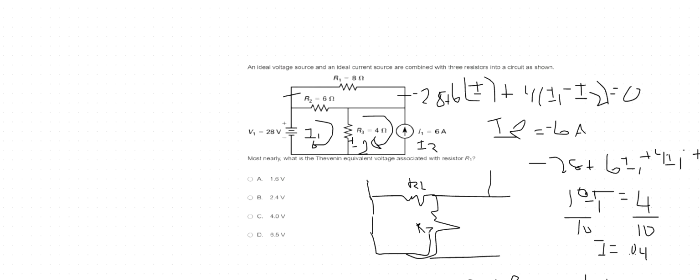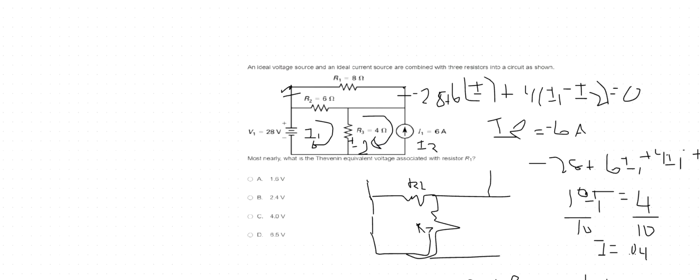We open the circuit here. So the V Thevenin would be the voltage across this resistor here. The 6 ohm. There's no 8 ohm. Can we take it out, right? Yeah, so this voltage here would be V Thevenin. Which resistor is there?